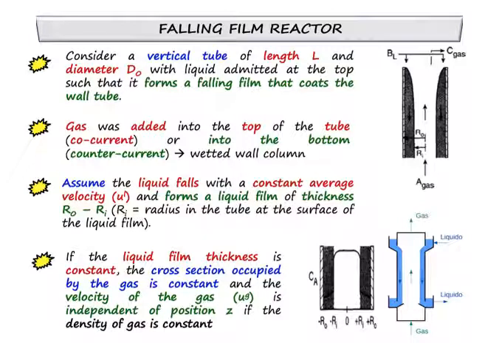Okay, let's have a look at the falling film reactor in detail. So let's consider a vertical tube. This is the vertical tube and it has length, which we term L, and the diameter, we term it as D naught.